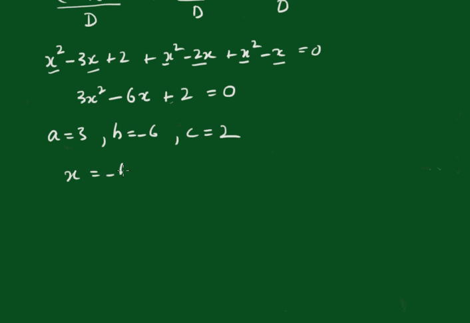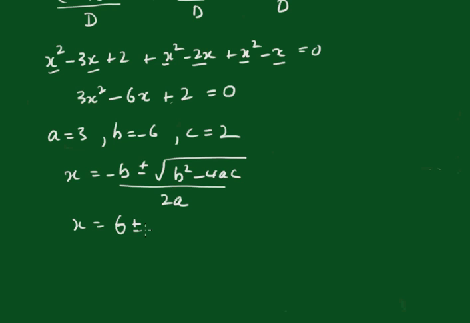x equals minus b plus or minus square root of b squared minus 4ac all over 2a. So x equals minus, careful, minus minus 6 is plus 6, plus or minus square root of 36 minus 4 times 3 times 2, all over 2 times 3, which is 6.